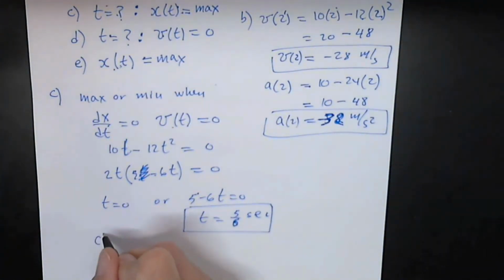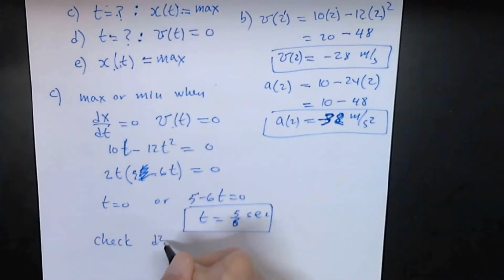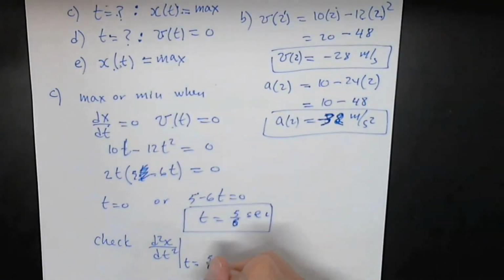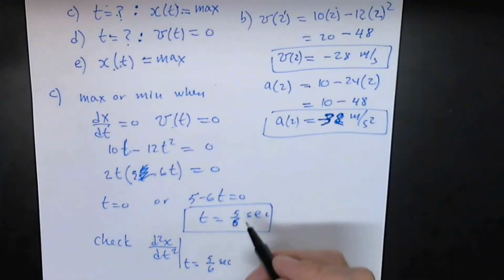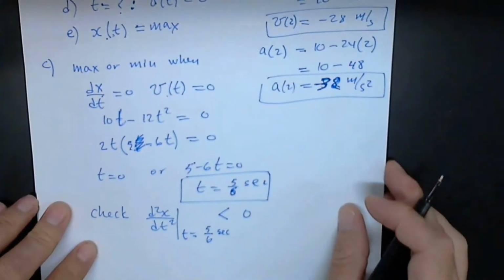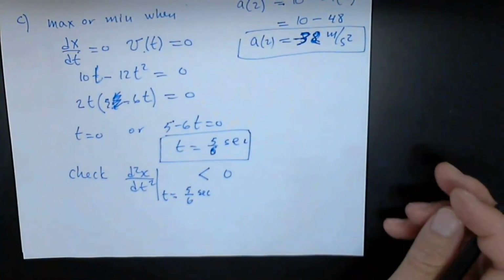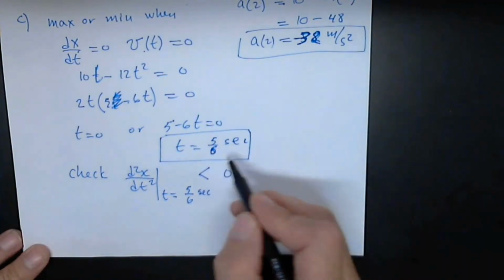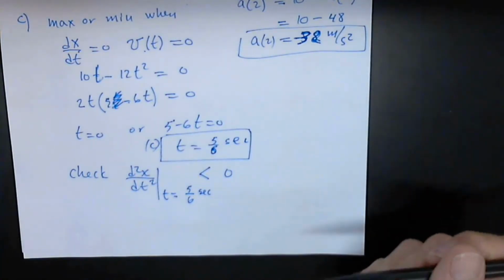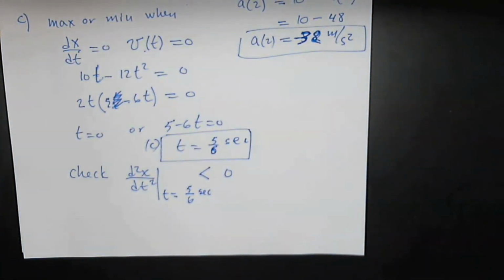So check that the second derivative at this time is negative. Now that is the time, that's number C. And you just need to check that it is a maximum at that value.